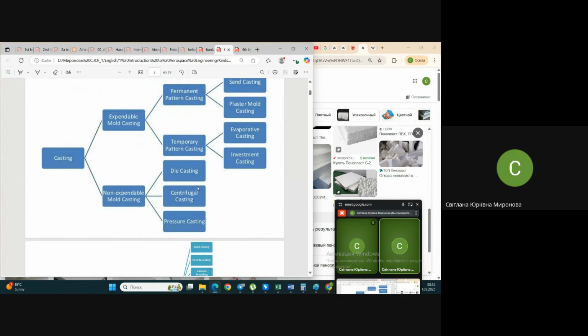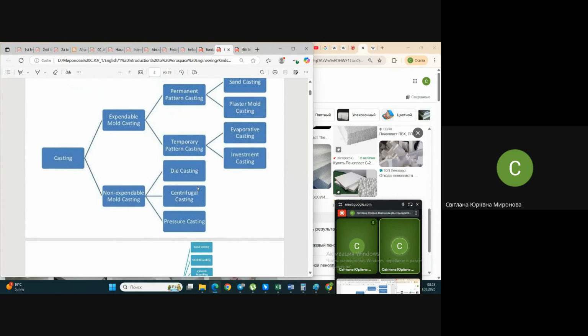Even considering the rather short time of contact of the molded material and the material of the mold itself, anyway, it may result in destroying this permanent die for casting. And quite clear that die casting is used only for so-called easily meltable materials. It may be used for plastic and so on and so forth.